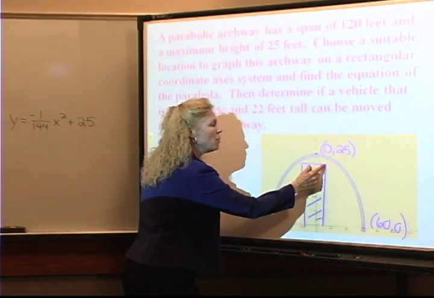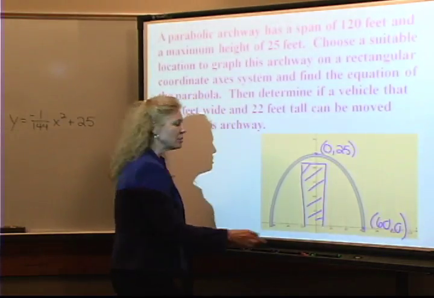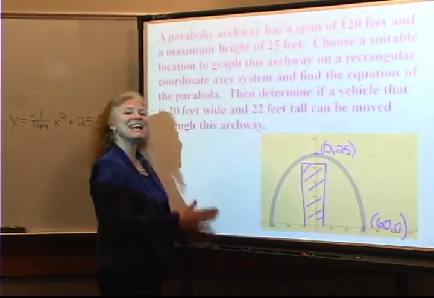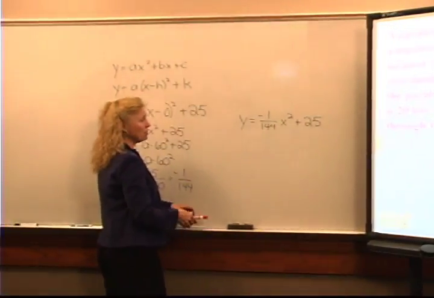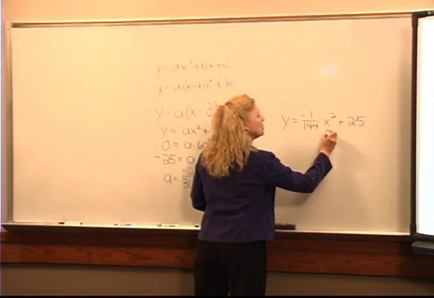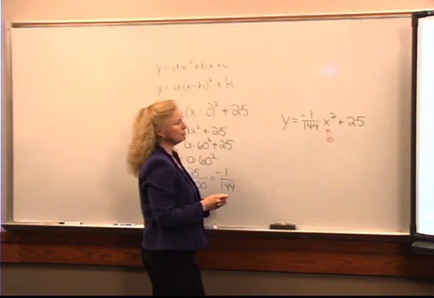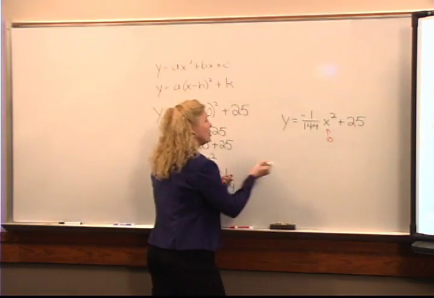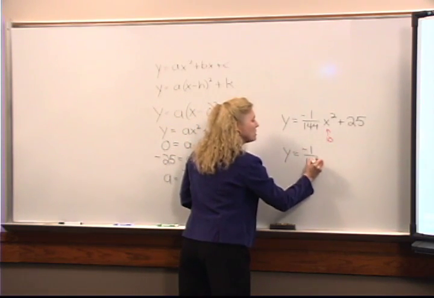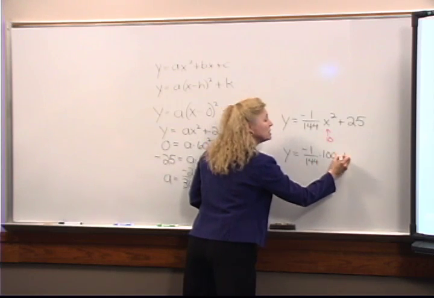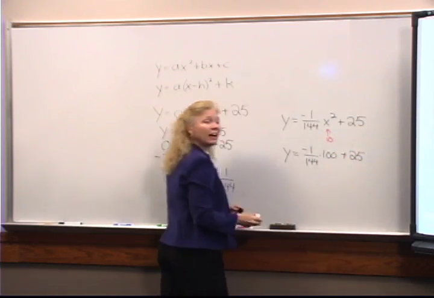And so what I'd like to know is, well, what's the height of this arch when I'm 10 feet away from the center? Well, that's what this equation's for. Put in the 10 right here. So I would have y equals negative 1 over 144 times 100 plus 25.